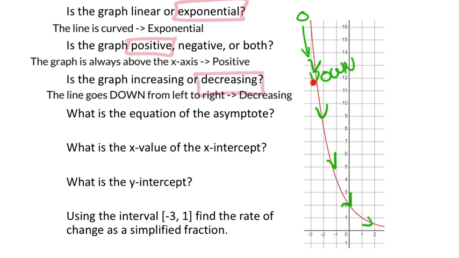Now, since this one is curved, we do expect there to be an asymptote for this one. So what is the equation for the asymptote? It should always be y equals something. Well, what is that something? Well, I can see this line as I go down. It's getting really close to the x-axis again.